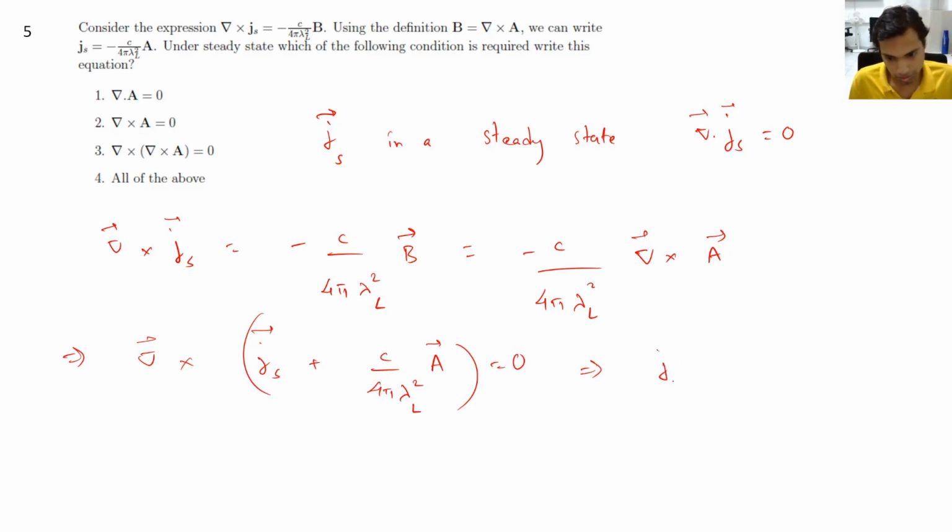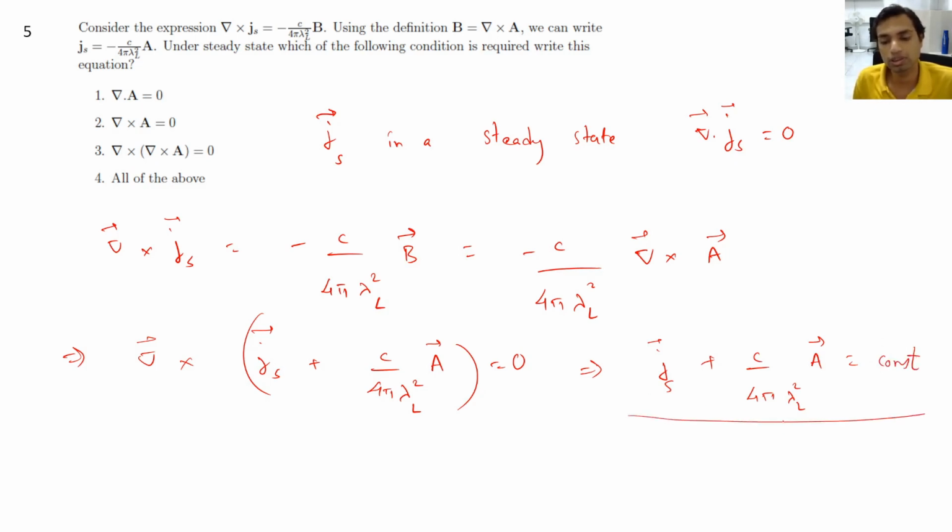So the quantity under the curl has to be 0 or some constant.